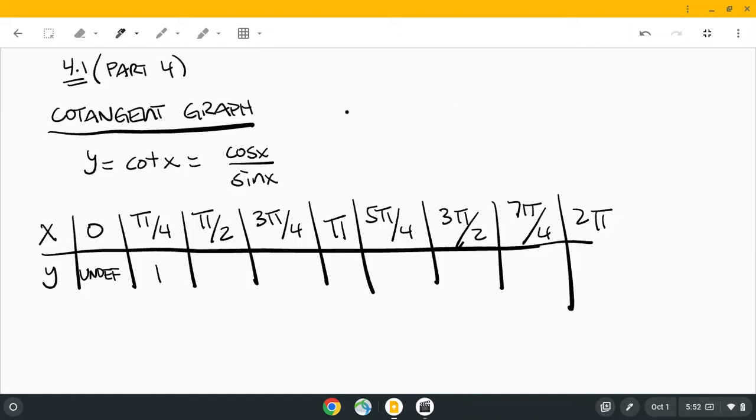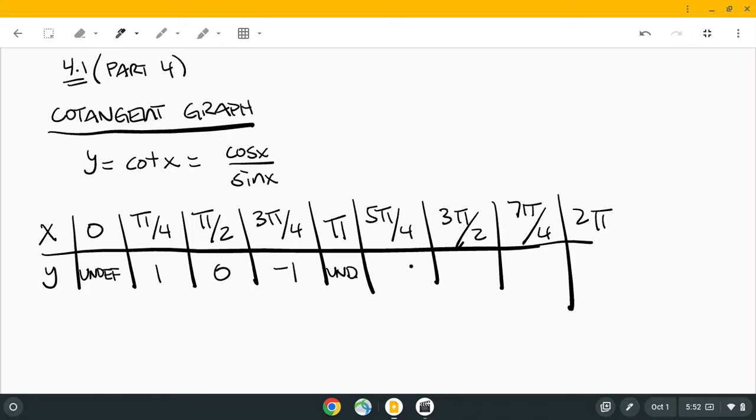At pi over 2, cosine is 0 but sine is 1, so 0 over 1 is 0. At 3 pi over 4, we're in quadrant 2, so cosine is negative there, so it's negative 1. At pi, cosine is negative 1 but sine is 0, so negative 1 over 0 is undefined again. I don't have much room here, so I'm just going to write UND.